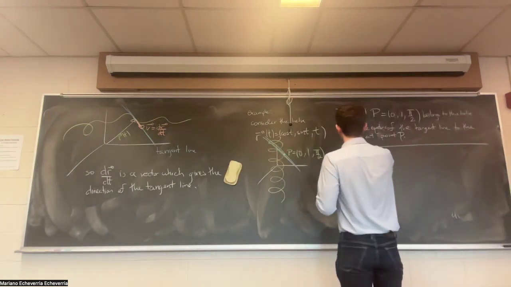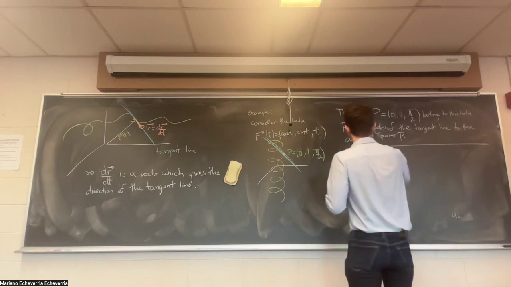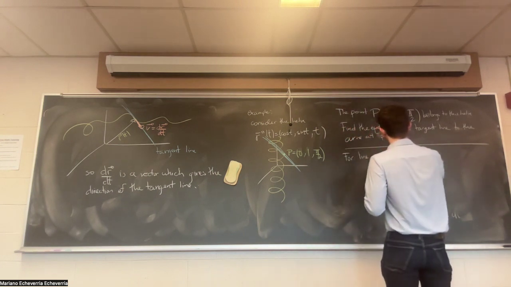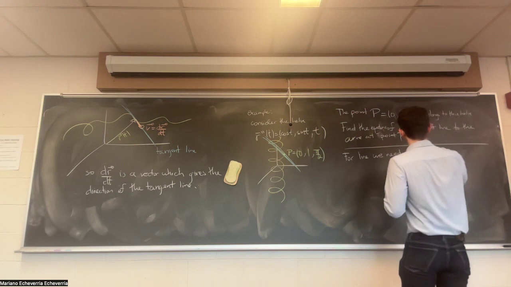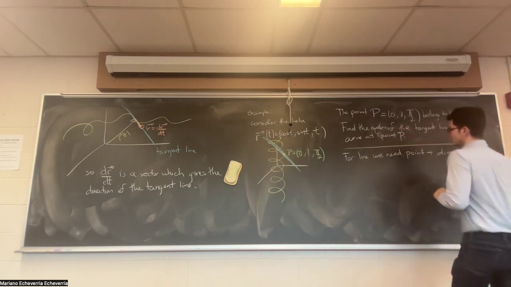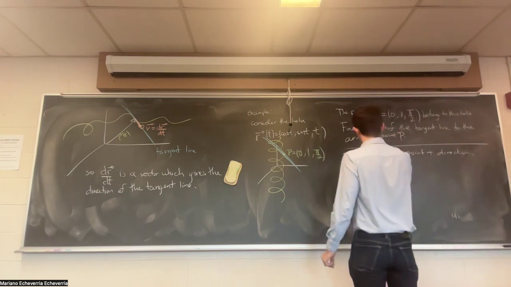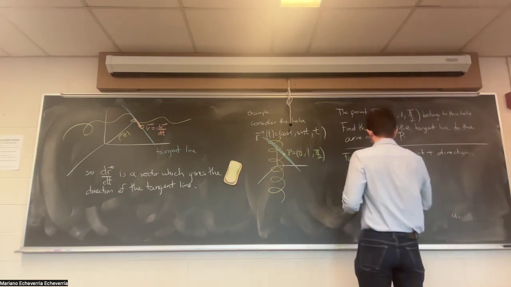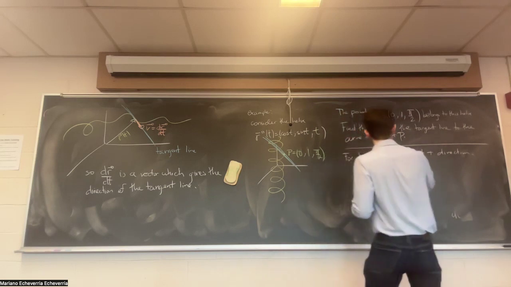For the line, we need point plus direction. So the point is just the point P. Point is P equals 0, 1, pi over 2.